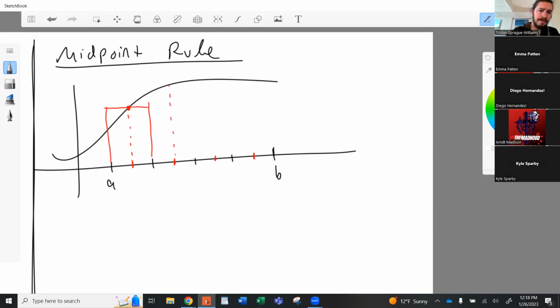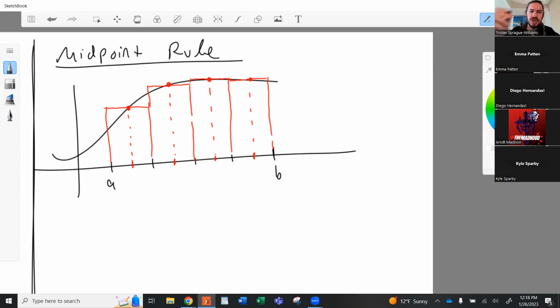It's always the exact midpoint of each interval, giving us these nice rectangles. The idea is that selecting the midpoint should be better than selecting the right-hand endpoint of each interval. That the midpoint should give you some sort of an average between the two, right?